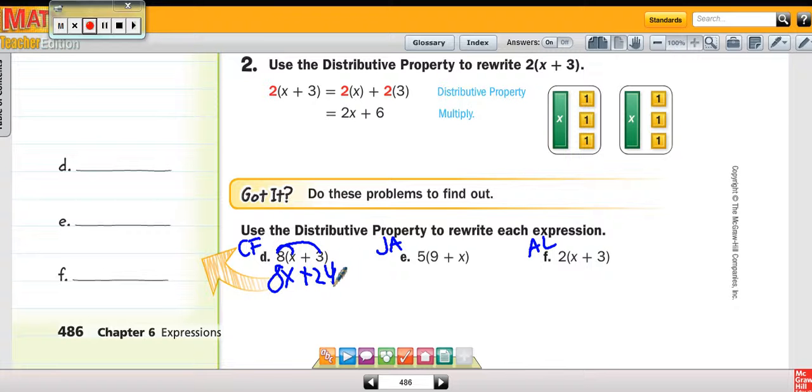Yeah, Jake? No question? All right, show us letter E. And we gotta combine those, right? Yes. So when you're sharing, let's do it in order.